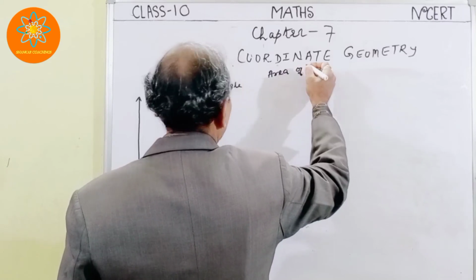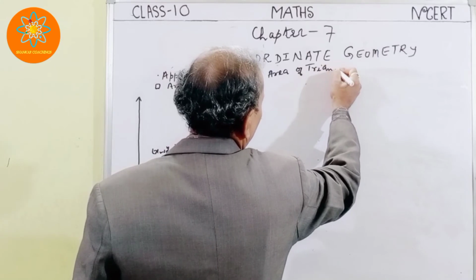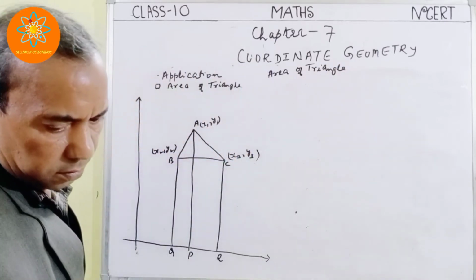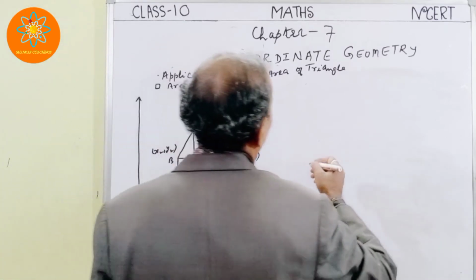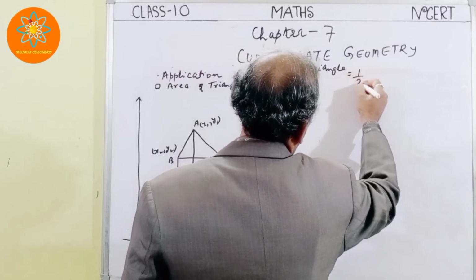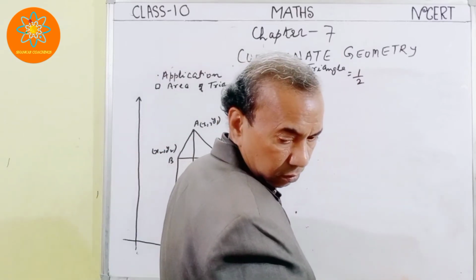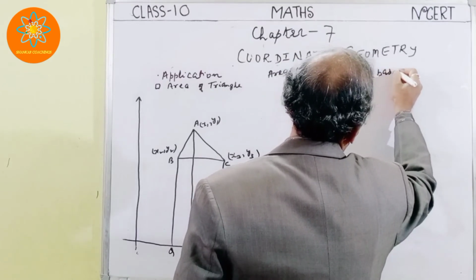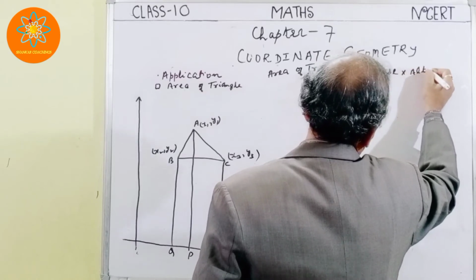Area of triangle is equal to half into base into altitude.